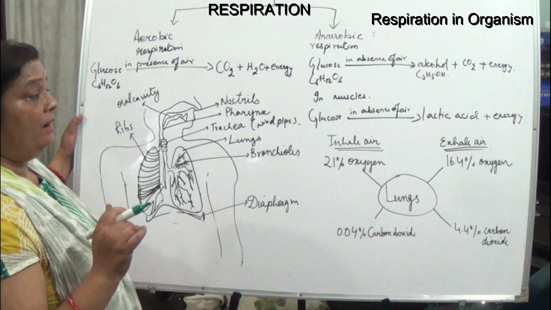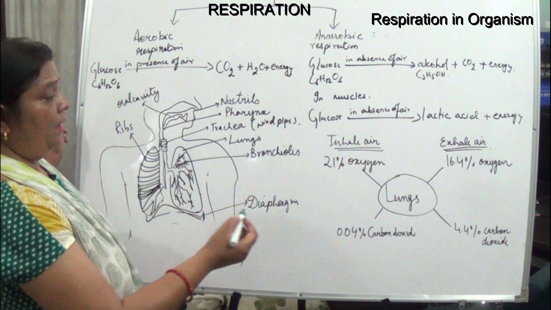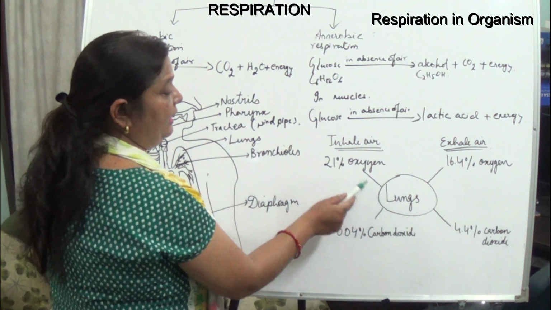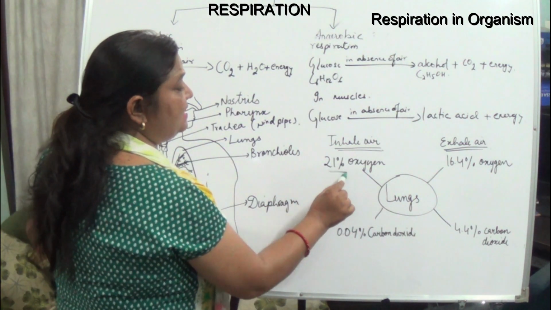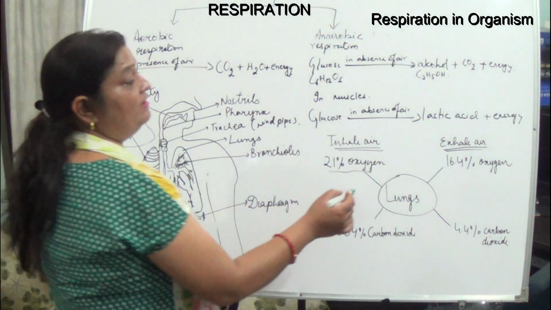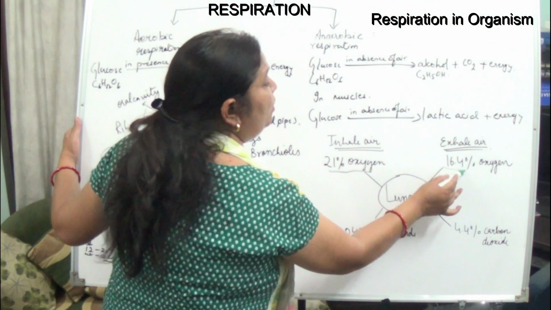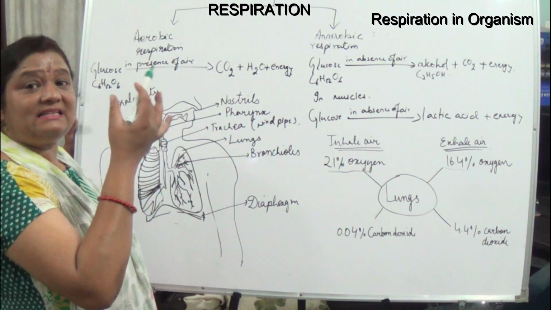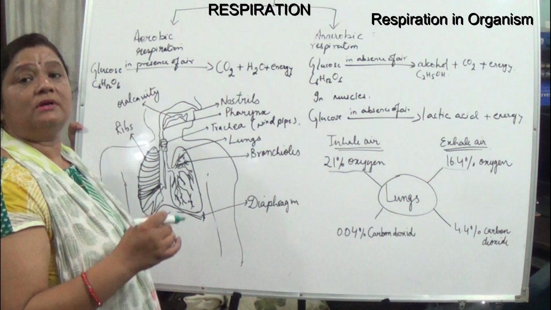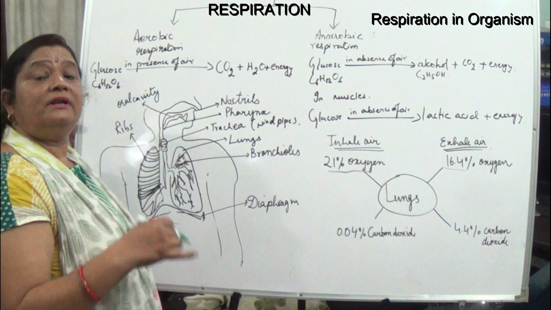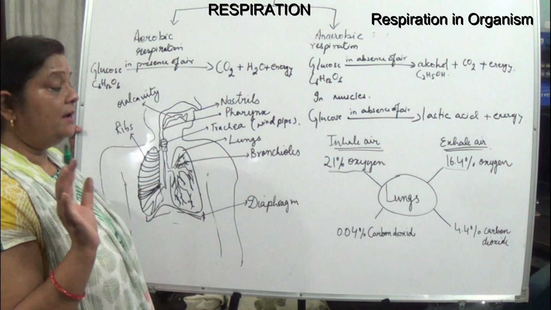Okay, so when we are inhaling air, you can see it consists of 21% of oxygen, but while we are exhaling the air, only 16.4% is exhaled out. The rest is taken in for the process of oxidation or breakdown of digested food present in our cells.